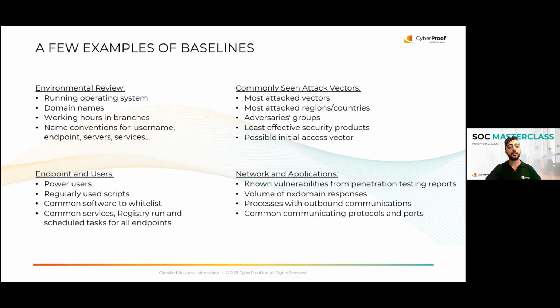So if we are starting at the environment level, we want to see what operating systems are running and which domain name and name convention. By the way, I find this very useful to detect anomalies, because the CISO or the organization or the security team can know and reveal the name convention for everything within the organization.